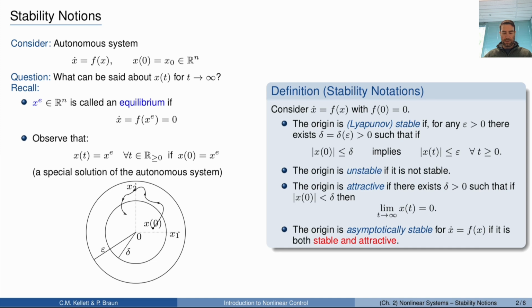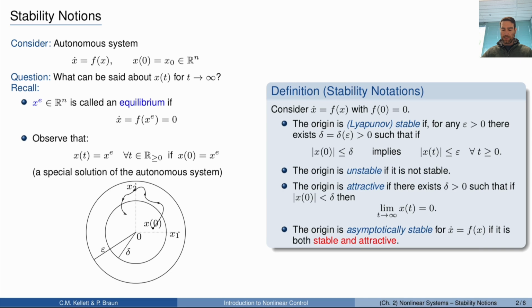And if it satisfies that for all t and for all initial conditions in this delta ball, then we would have stability. Next definition, instability. Well, that definition is simple once we've understood stability, namely an equilibrium, the origin, is unstable if it is not stable.